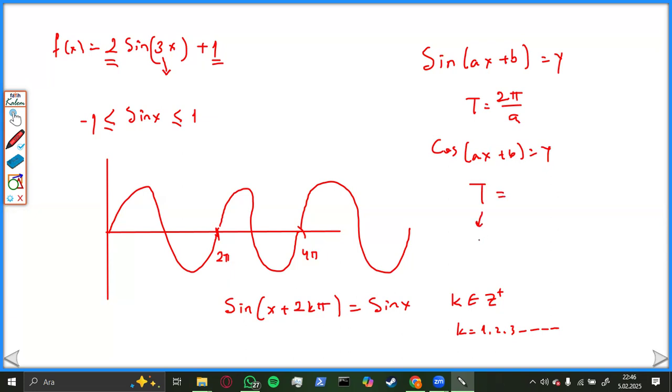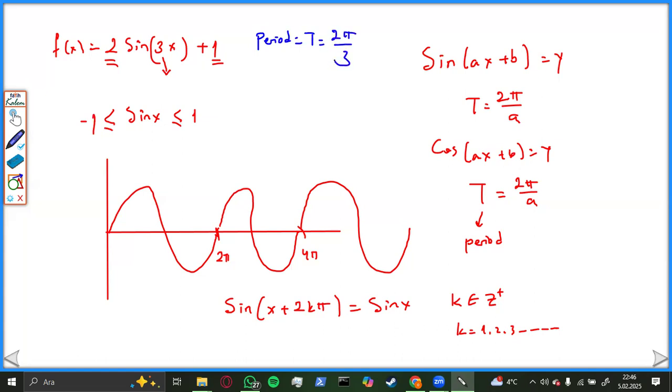We also show the period with T. T represents the period, and T is 2 pi over a. So the period for that function, let me write it with another color, period or T, is here 2 pi over 3.